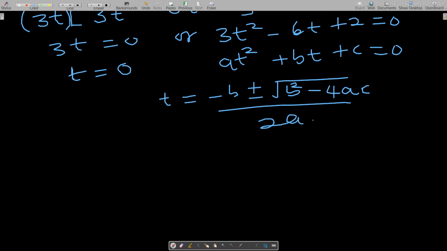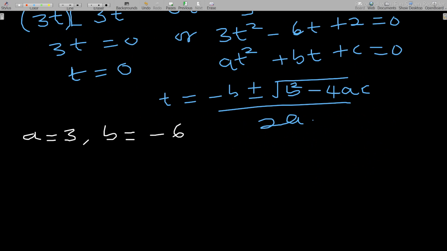Now let's compare it to that. a is equal to 3. Now b is equal to negative 6. Okay, and c is equal to 2.